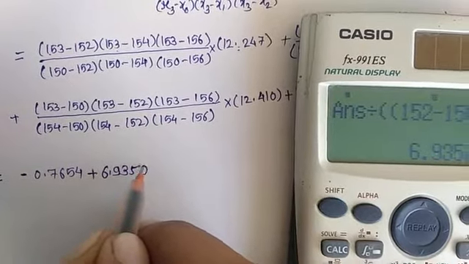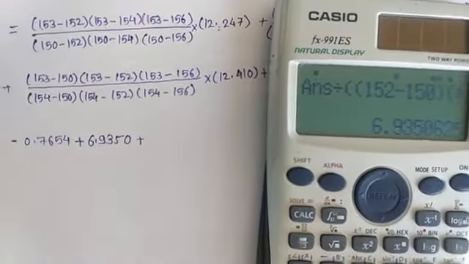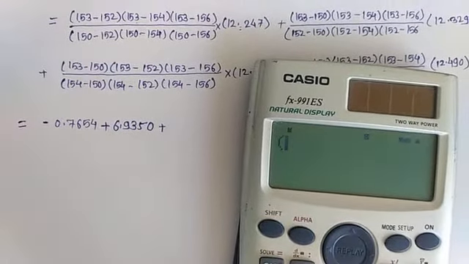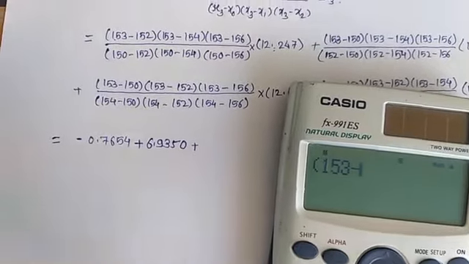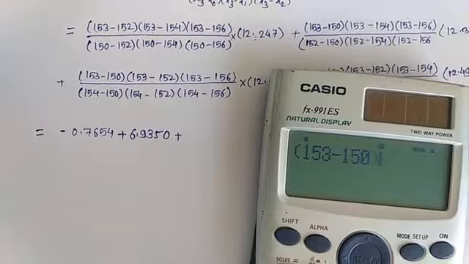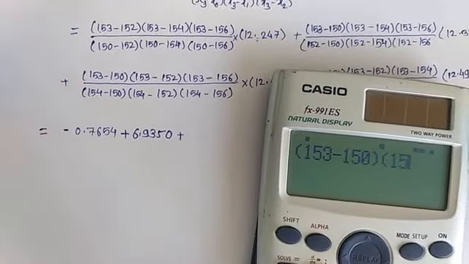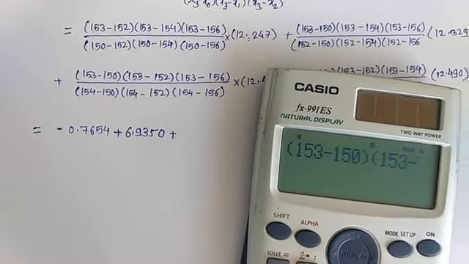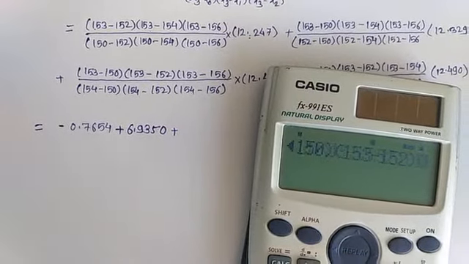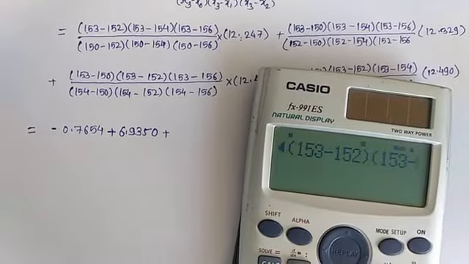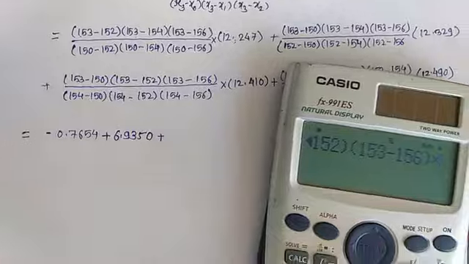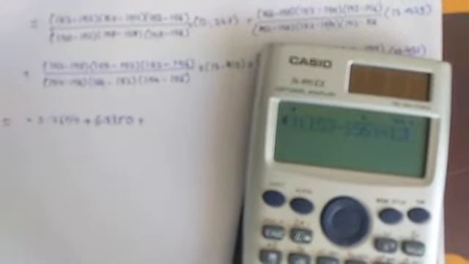Plus the next term, which you can solve the same way: 153 minus 150, multiplied by 153 minus 152, multiplied by 153 minus 156, multiplied by 12.410.